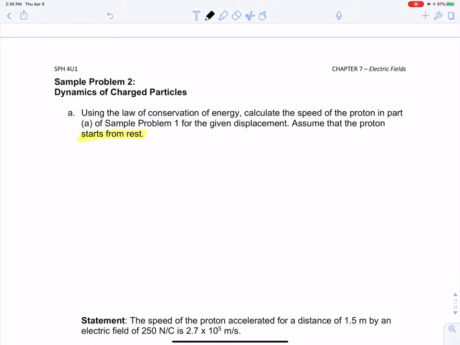Okay, the law of conservation of energy tells us that the change in gravitational potential energy plus the change in kinetic energy equals 0.